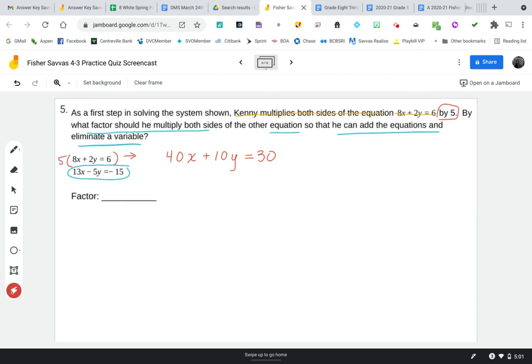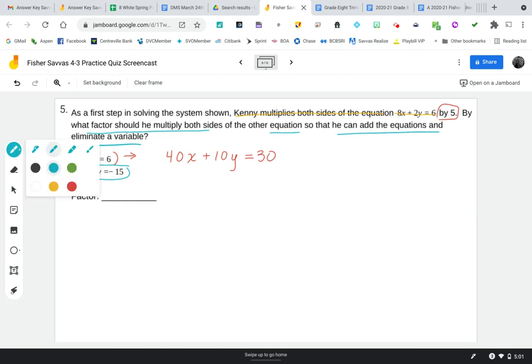I can't multiply 13 by a whole number to have it eliminated from 40. That's not going to work. 13 times something will not give me 40. However, if I multiply this negative 5 times 2, I'm going to get a negative 10.